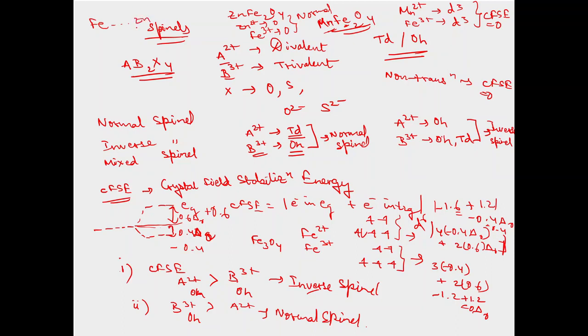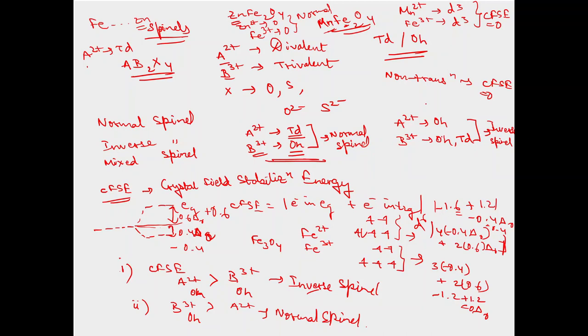So zinc is smaller than iron, and it goes to the tetrahedral site. This is the Zn2 plus, the divalent one. Since it is smaller, it will occupy the tetrahedral void. That is, Zn2 plus is occupying the tetrahedral void and Fe3 plus is occupying the octahedral void. So it is satisfying this condition, and it will show a normal spinel structure.